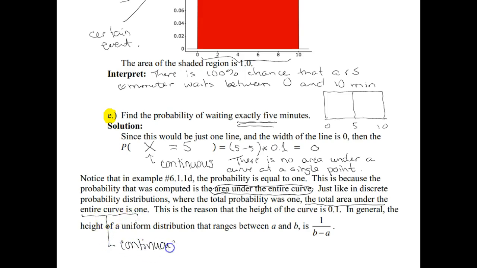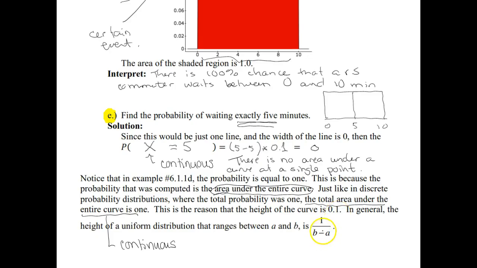For continuous random variables, we are going to be looking at probabilities as corresponding to areas under the curve. Okay, so this is the reason that the height of this curve above had to be 0.1. So we said the base was 10. Okay, so we needed the height to be 1/10 because 10 times 1/10 is 1, so that the total area of that rectangle was 1.